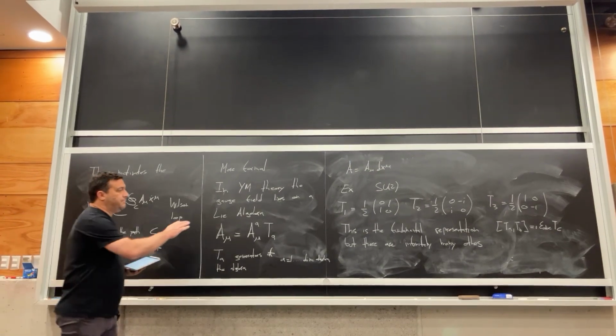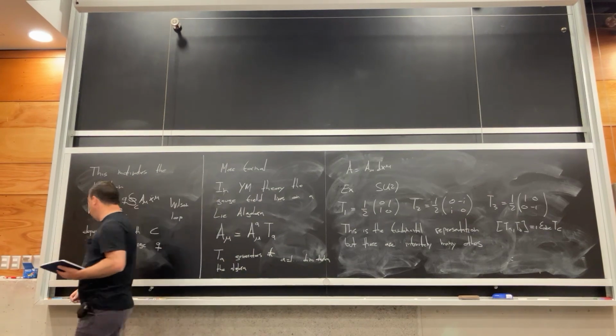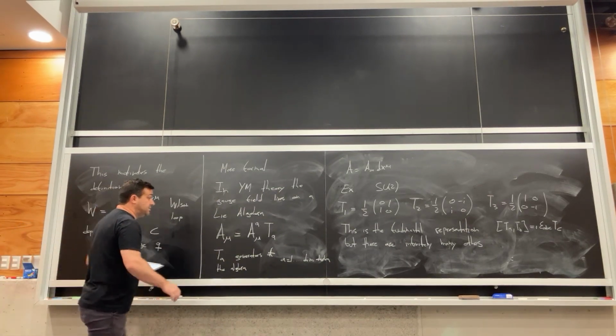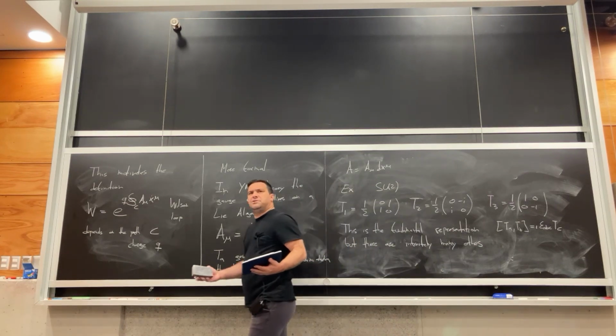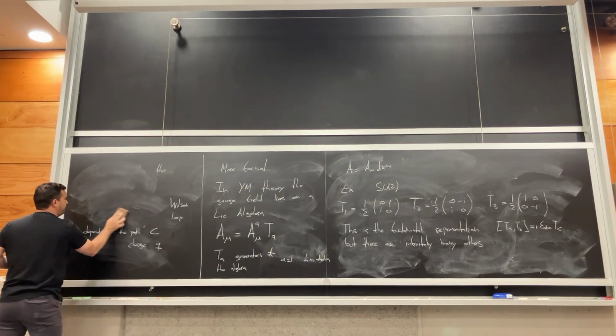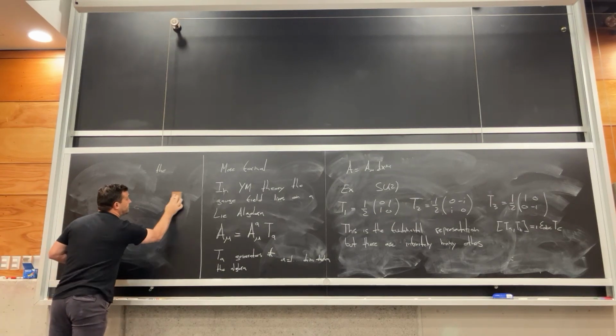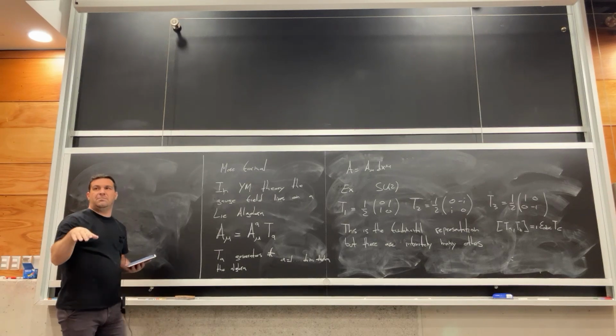So why am I mentioning this fact about representations? Because now that we're in the non-abelian case, what is the charge of a particle in a Yang-Mills theory? So let me make this more concrete.